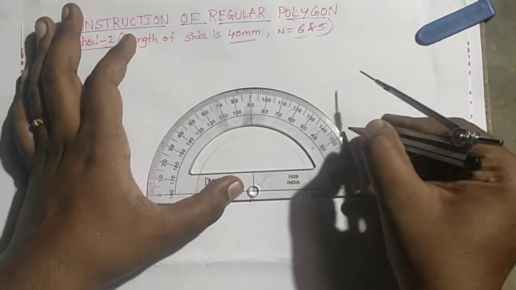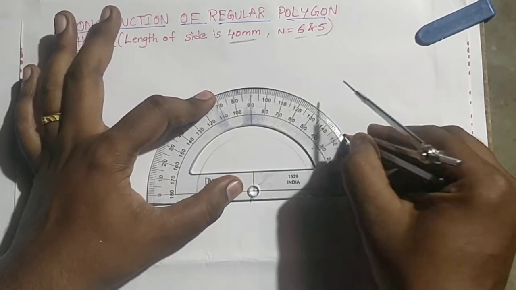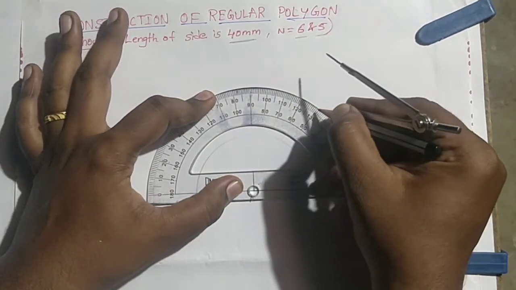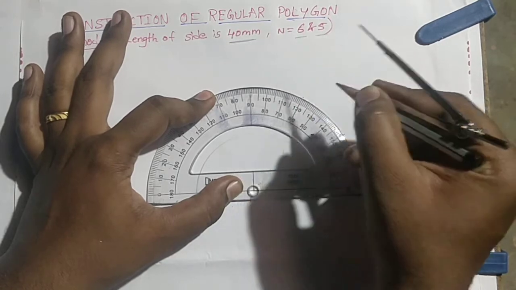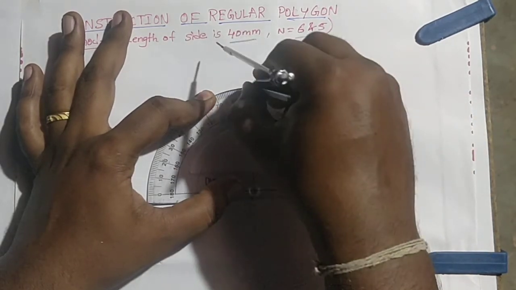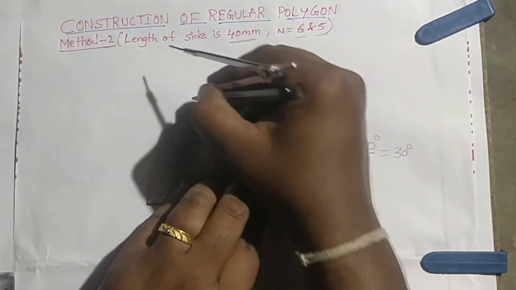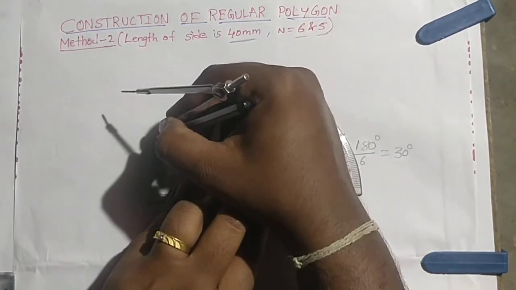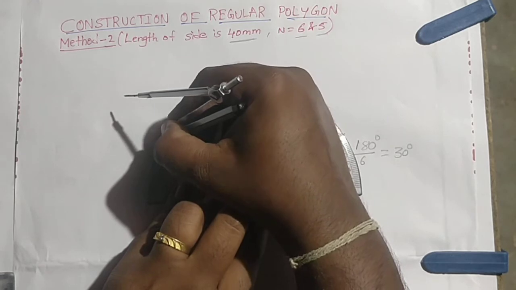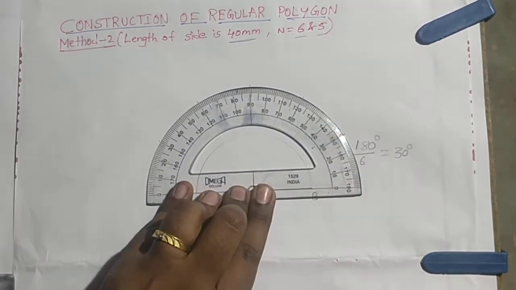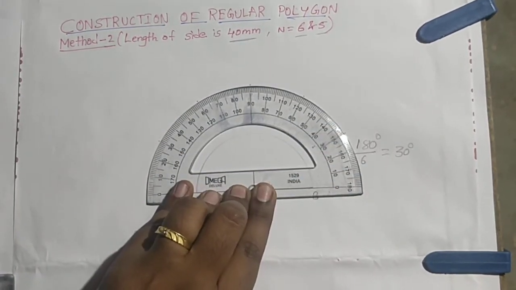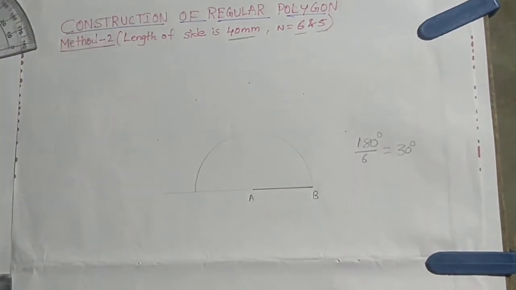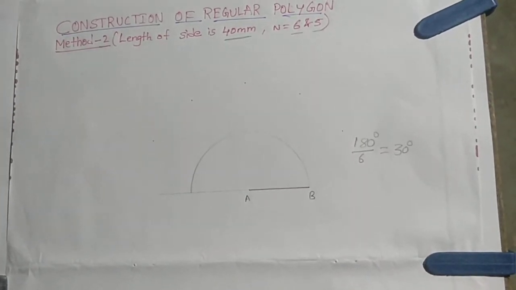Divide this semicircle into 6 equal parts, each division 30 degrees: 30, 60, 90, 120, 150. Now we have divided this semicircle into 6 equal parts.